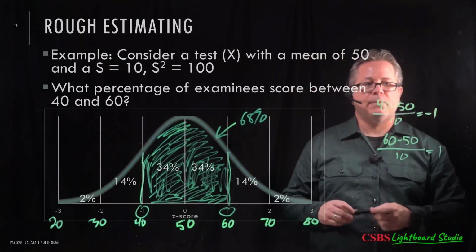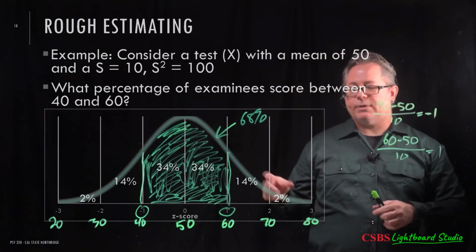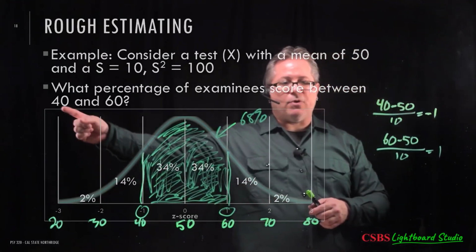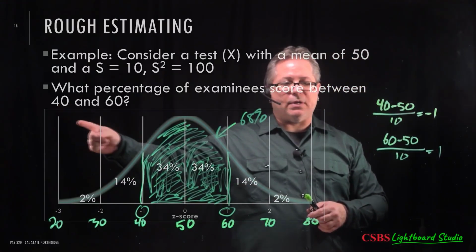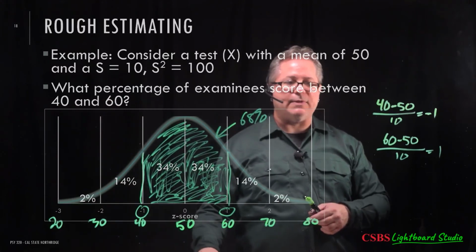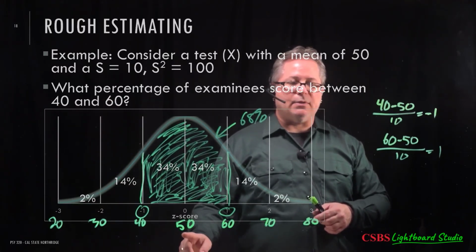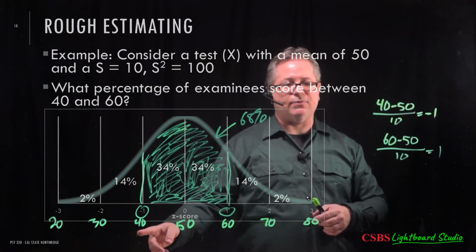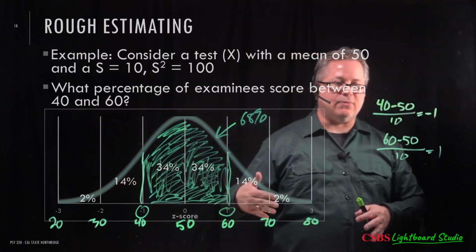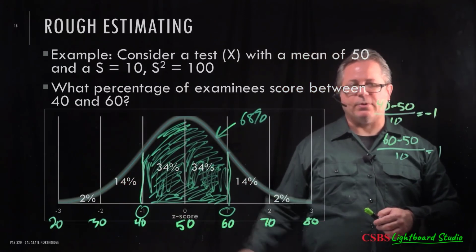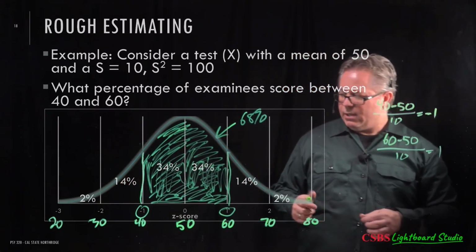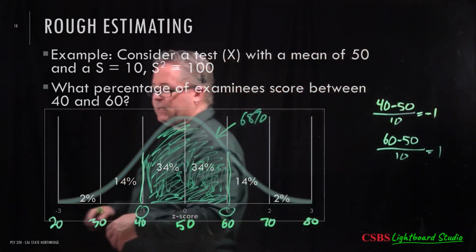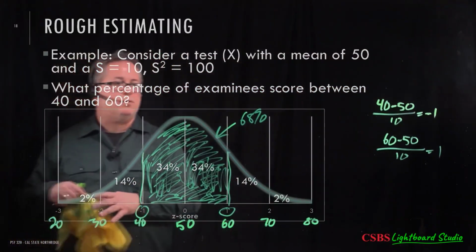That only really works, though, when the values fall exactly at a standard deviation. Knowing that the mean is 50 and the standard deviation is 10, I know that 60 is at 1 standard deviation, and 40 is at -1. It helps to plot these things out a little bit. Drawing a picture and figuring it out will help you avoid making mistakes when answering questions about area under the curve and that sort of thing.